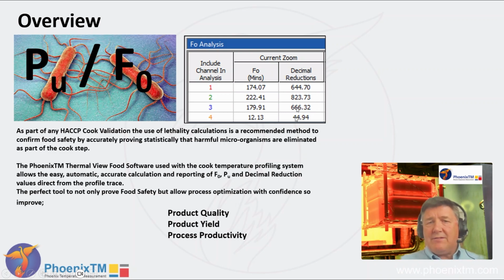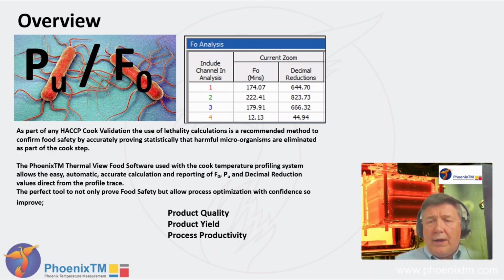You can then see immediately whether or not you are exceeding your safe limits to prove not only the quality and the safety of your product, but by controlling the process using this parameter, you've got the most accurate and safe way of improving potentially your product yield and also your process productivity, your efficiency, your fuel saving, which may be critical to overall bottom line of your process.